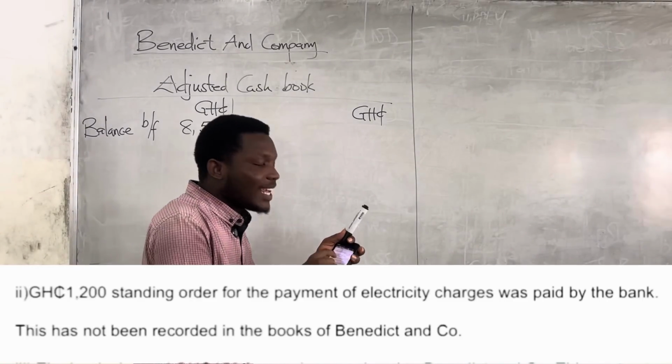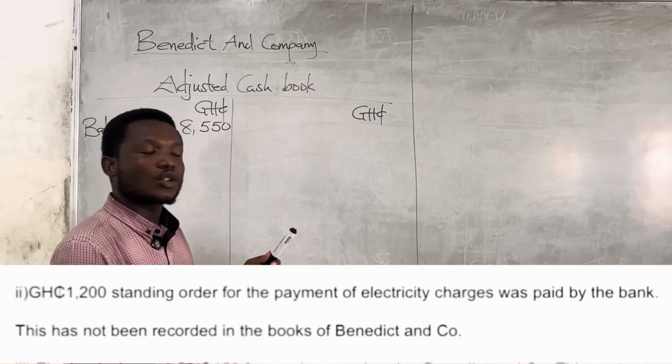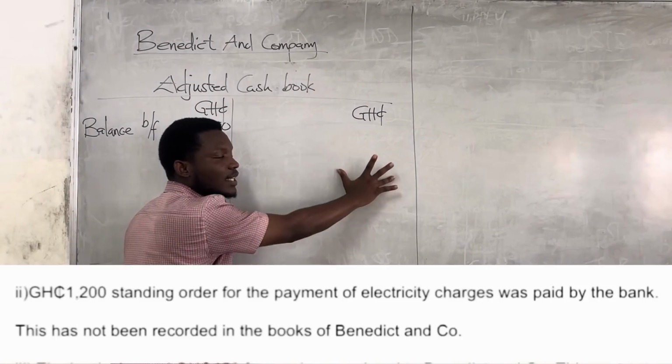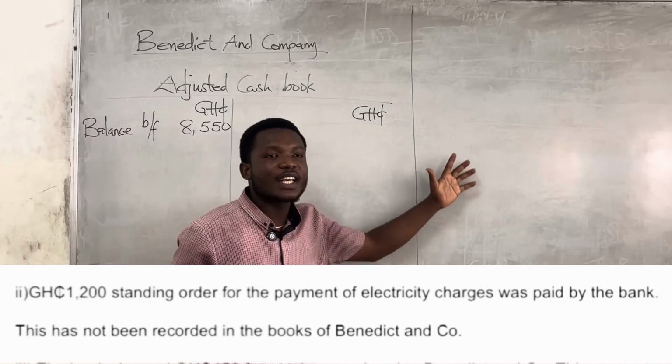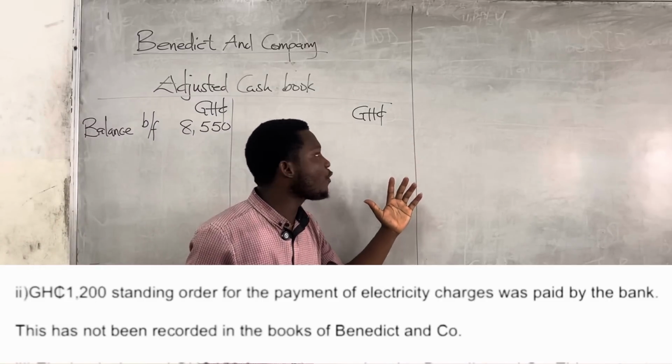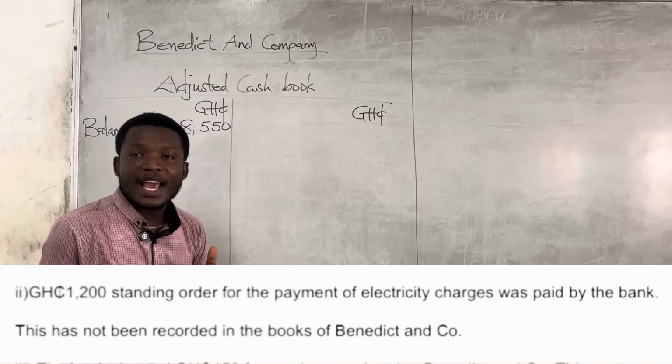The bank won't call us to tell us that this month we paid this amount, unless we go for the statement of the bank, before we get to know that the bank paid this amount of money in favor of us and it's standing order.